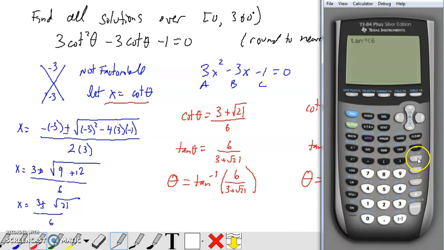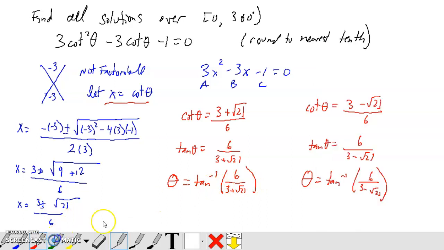So this will be 6 divided by, but I need the whole thing to be in my denominator, so I'm going to open my parentheses up one more time. So 3 plus root 21, and then close for my denominator, close for my entire fraction. And this is going to give me about 38.35. So let's round this up to about 38.4.